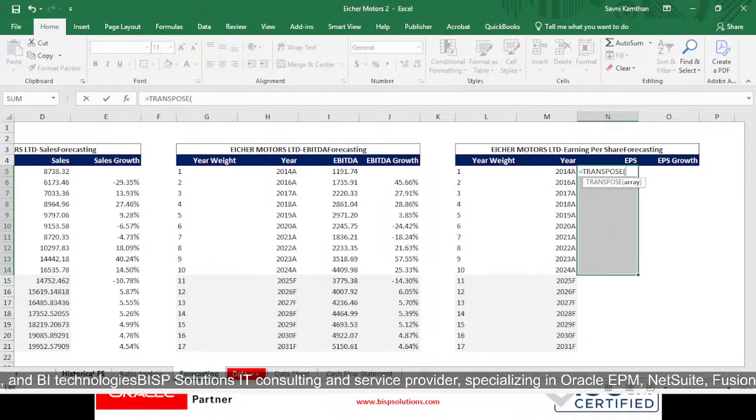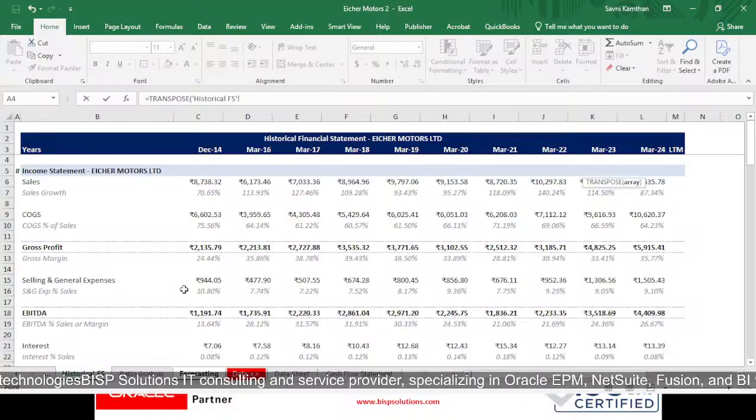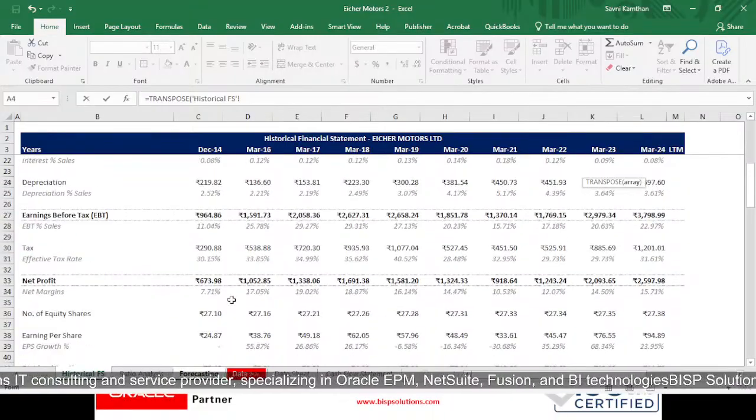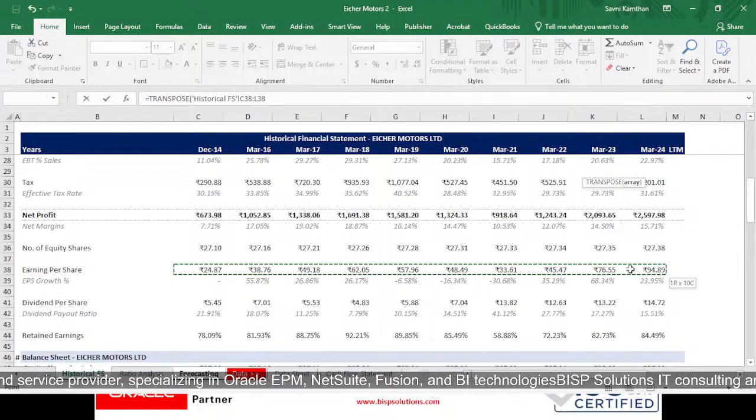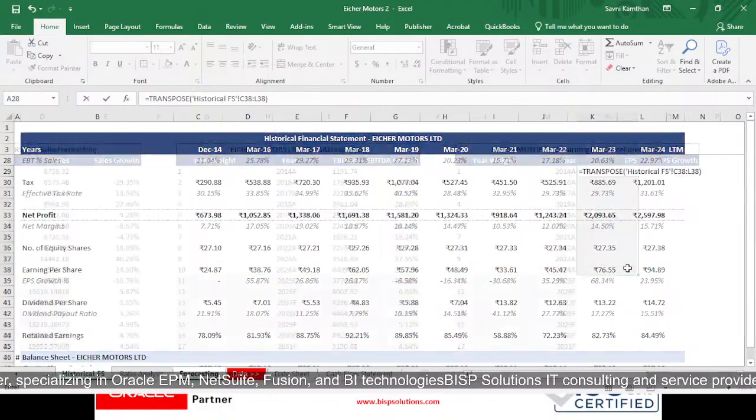Then we will be going to our historical functions, financial statements, then we will be selecting earning per share, which is down right from this side from till March 24, then closing the bracket, control shift and enter.